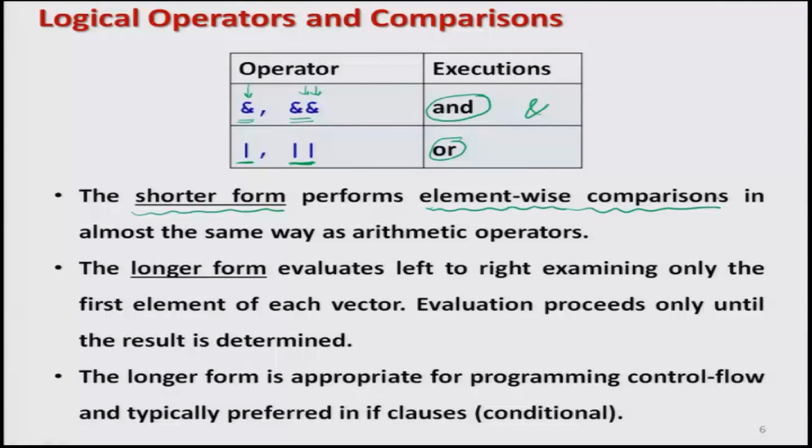Whereas when I use the two letters, like double and or double vertical lines, I am calling this the longer form, and this evaluates a vector from left to right. This we have to keep in mind, this is very important. It examines a vector from left to right, but it takes care only of the first element of each vector.